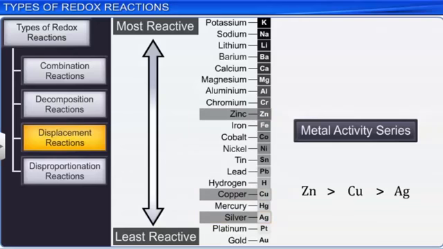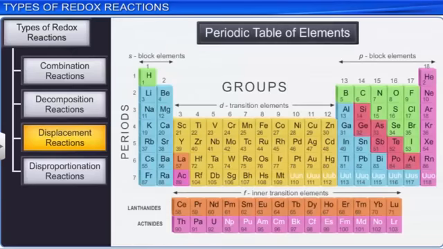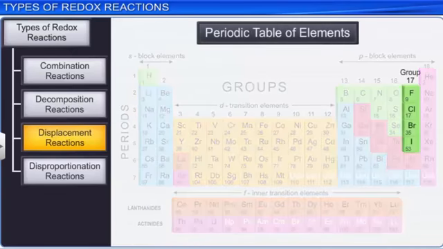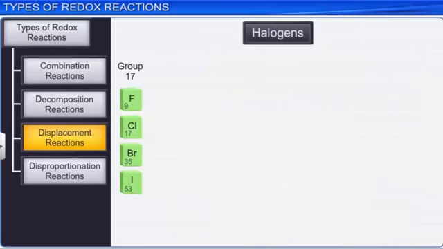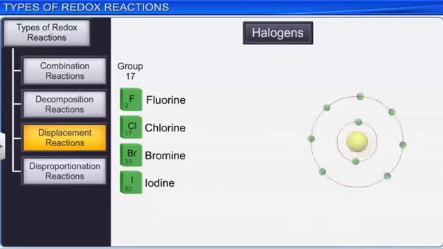Similarly, halogens also have an activity series. The halogens in 17th group include fluorine, chlorine, bromine, and iodine. These halogens have a tendency to accept electrons as they need an electron to complete their octet.